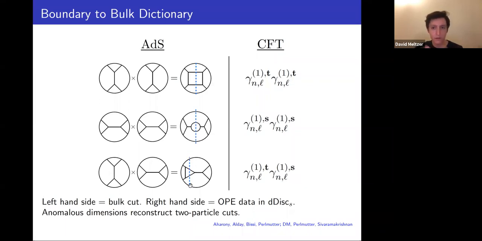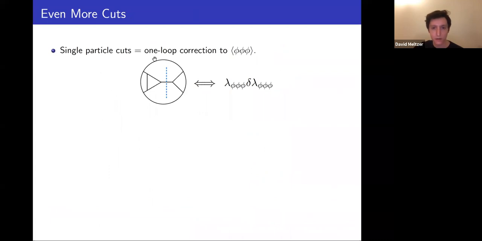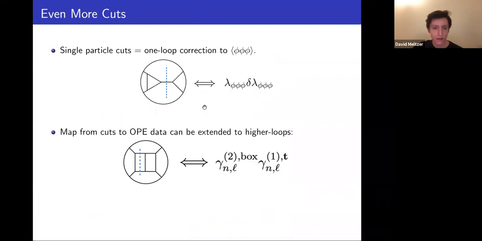But the general story here is just that using anomalous dimensions in my double-discontinuity corresponds to reconstructing two-particle cuts. And with the bulk method, we have a precise map. This was an ingredient that was missing before. And the single-particle cuts, which I mentioned earlier, just correspond to one-loop corrections to my OPE coefficients. And the story generalizes to higher loops. You just need some one-loop anomalous dimensions.